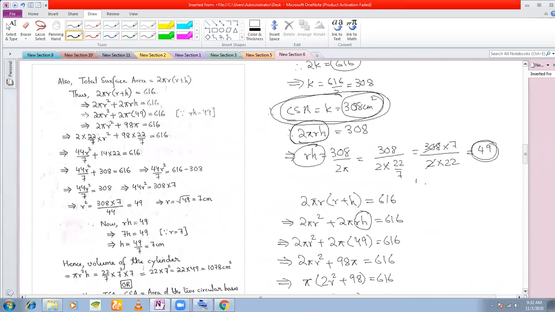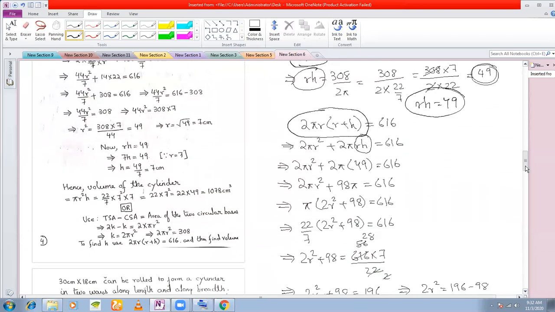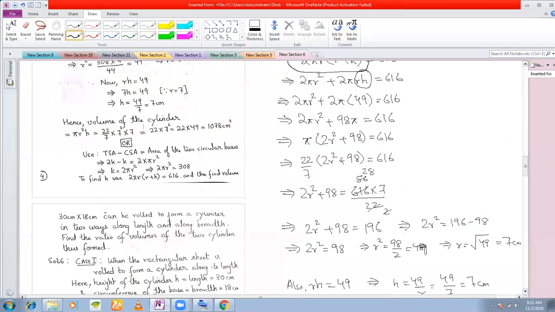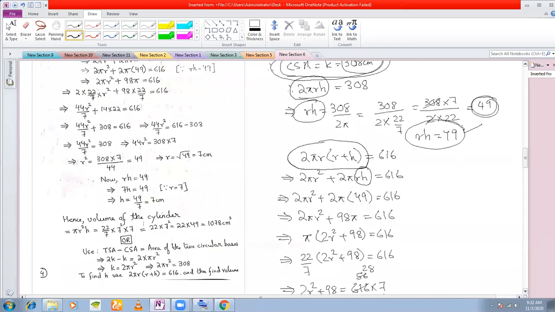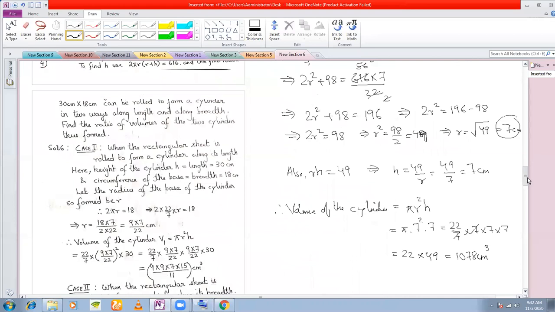What is the relation? We got rh is equal to 49. Now we used the formula for total surface area to find out the radius as 7 centimeter, and we use this relation also. Once we found out the radius, we again use this relation to find out the height. So that is, in short, the problem.